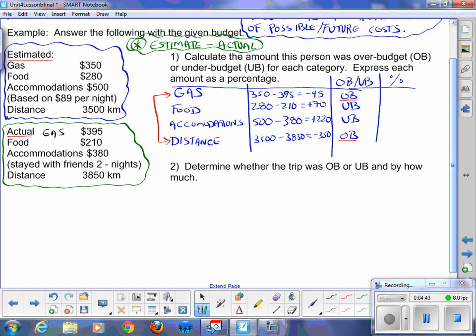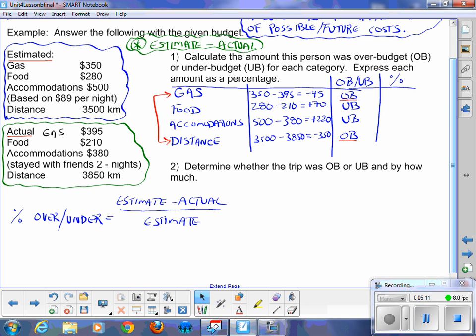Percent over or under, I'll put this in an anchor chart, is equal to estimate minus actual over estimate.